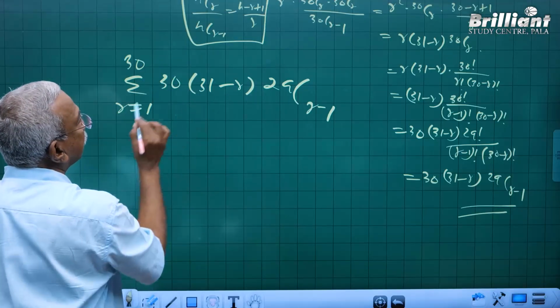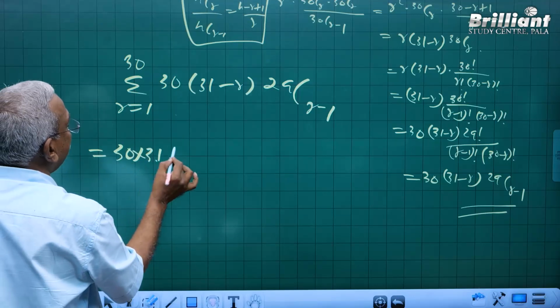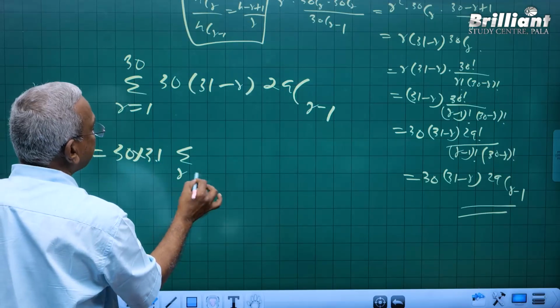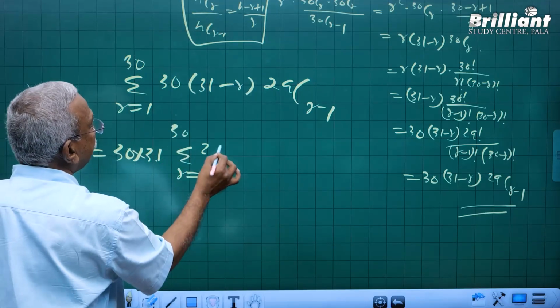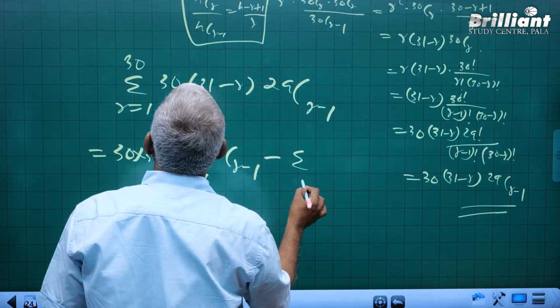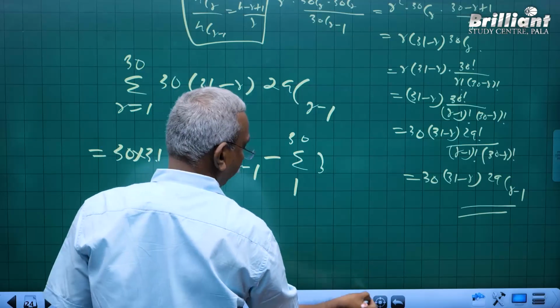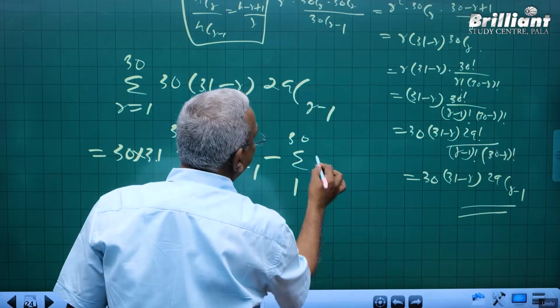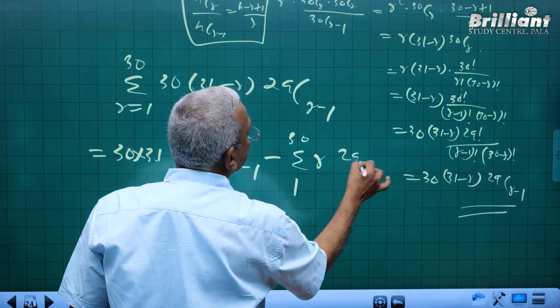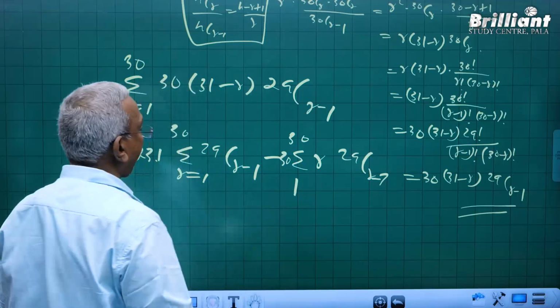One is 30 into 31 and that. It is equal to 30 into 31 into sigma r is equal to 1 to 30 29C r minus 1, minus sigma 1 to 30 r into 29C r minus 1, and 30 can also be put here.